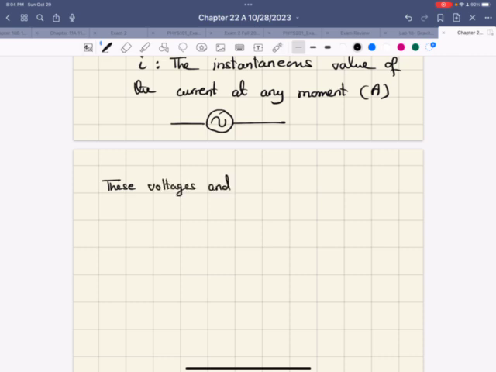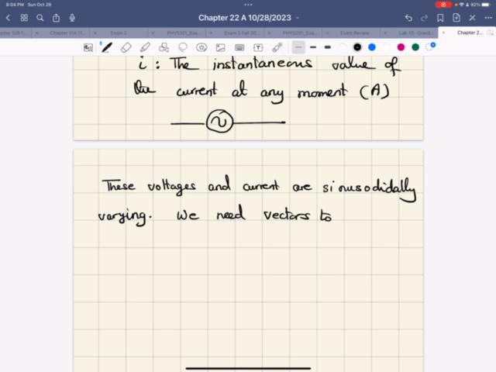Now here I will say these voltages and currents are sinusoidally varying, and therefore we need vectors to represent them.